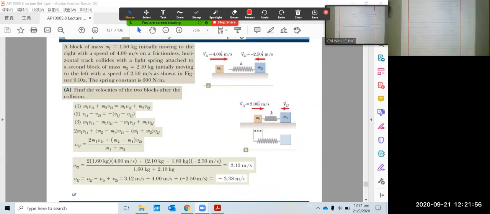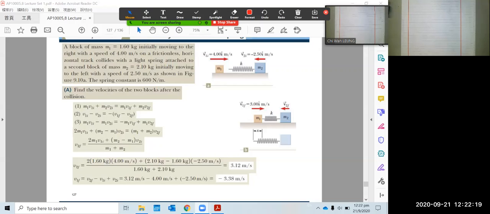And of course, you would then solve for v1f from equation number 1. So that is the conservation of linear momentum, as well as the conservation of kinetic energy in case of an elastic collision.